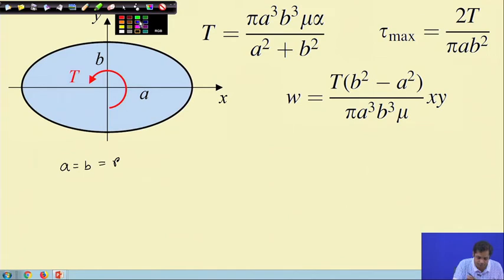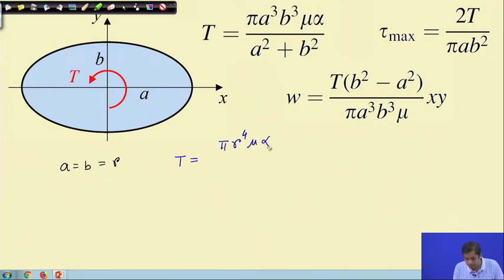After the substitution, we have to compare the solution with the solution that we have in strength of materials. Now, the final expression for T will be pi r to the power 4 into mu into alpha divided by 2.